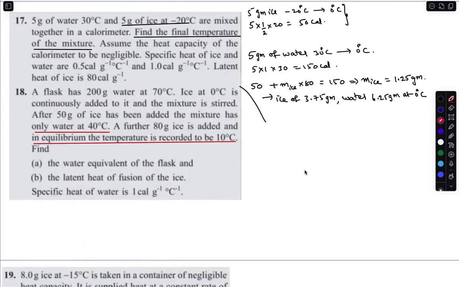Let W be the water equivalent of the flask.